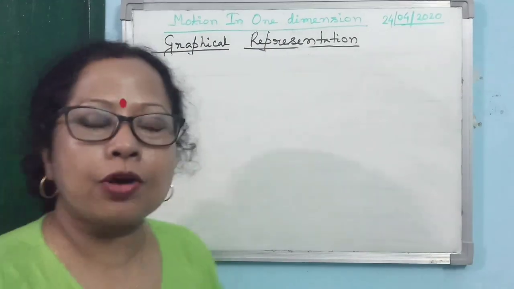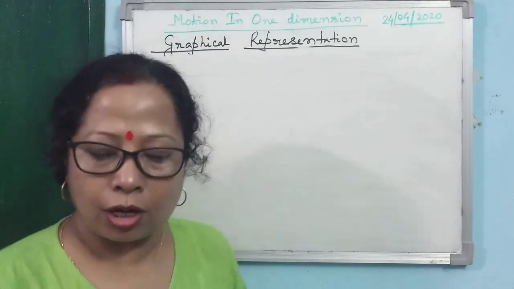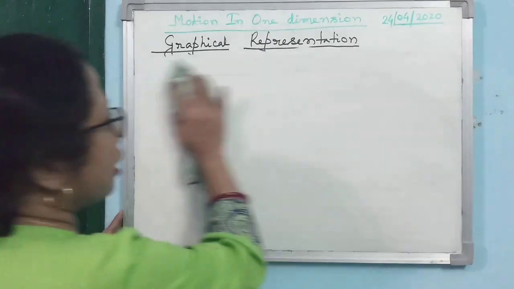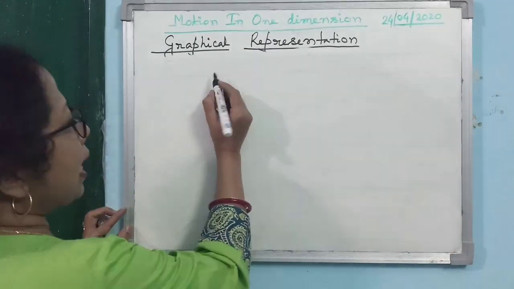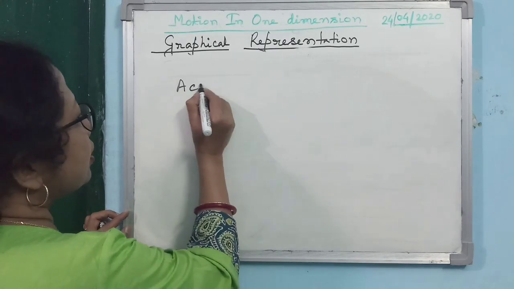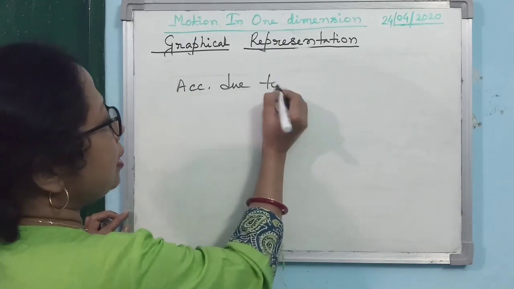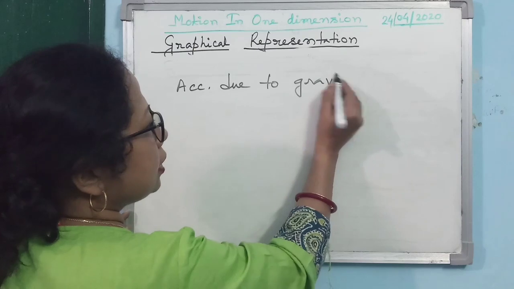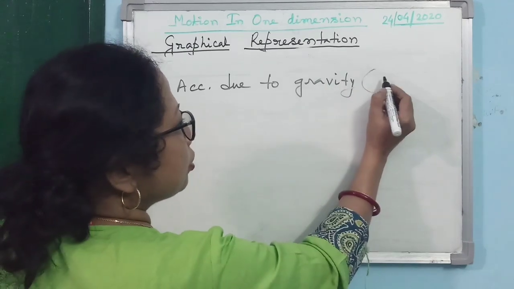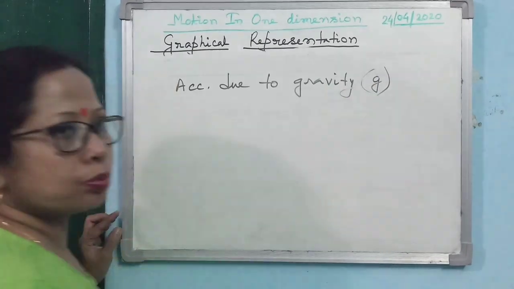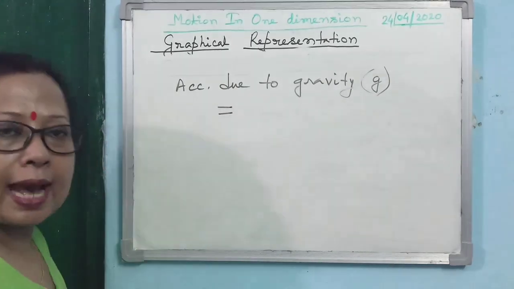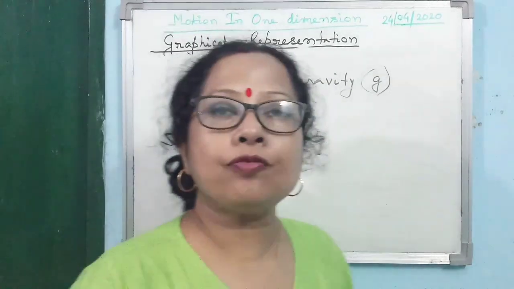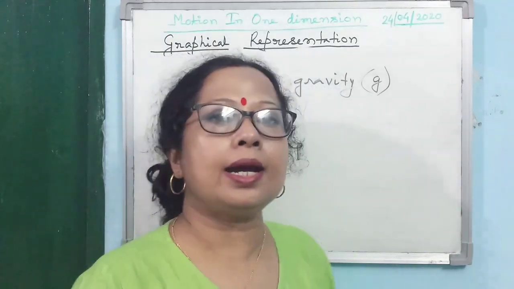So when a body falls down under the action of gravity, the body will have an acceleration, known as acceleration due to gravity. We denote acceleration due to gravity by small g. So what is acceleration due to gravity? It is the acceleration of a freely falling body, a body falling under gravity.